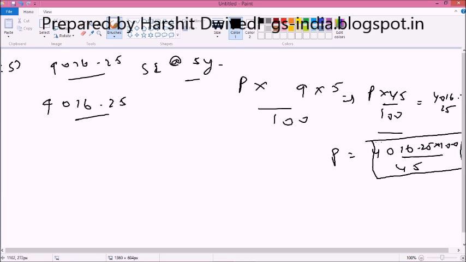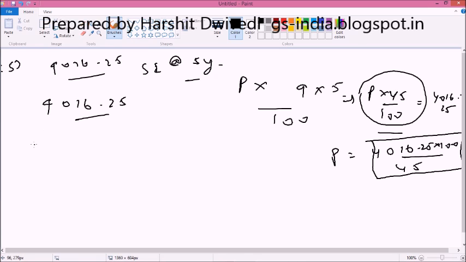But I will not ask you to do it like this, because it is going to take some amount of time. So first of all we will do some elimination here. We have to find P. P into 45 by 100 is 45% of P, and P is 100%.